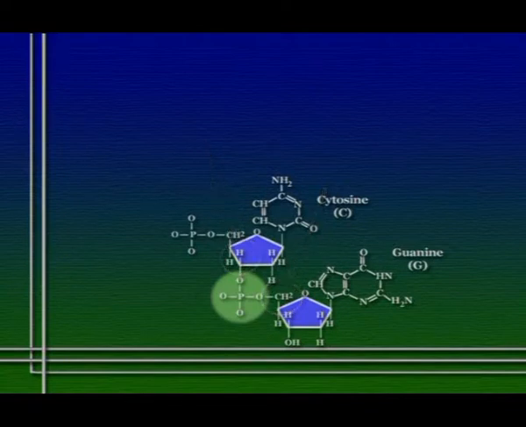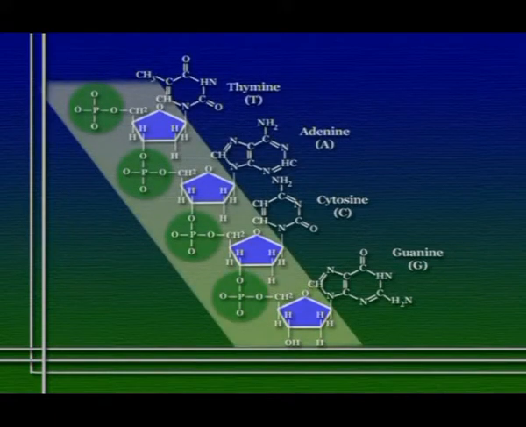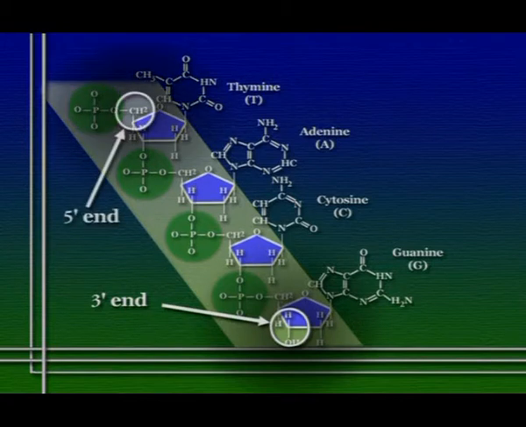So that means that we have a string of these nucleotides in the polymer that go sugar, phosphate, sugar, phosphate, sugar, phosphate. But more importantly, we can also define that string as a polarized string with a 3 carbon on one side and a 5 carbon on the other side that's available for bonding another nucleotide if we were to extend the sequence in either way.